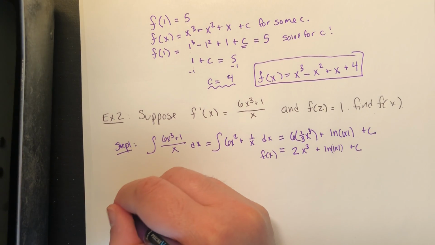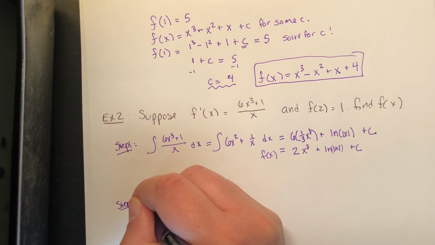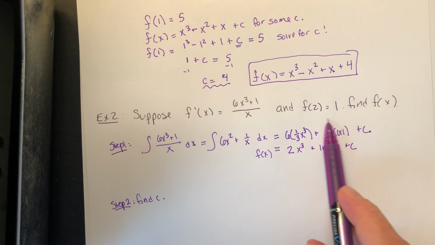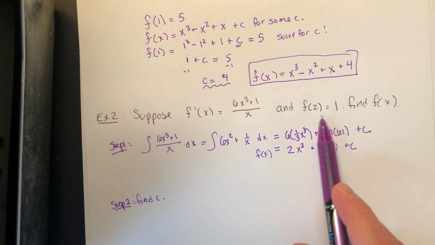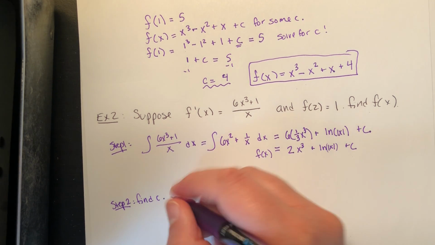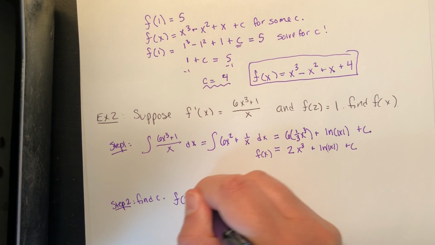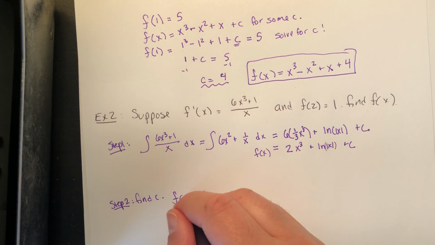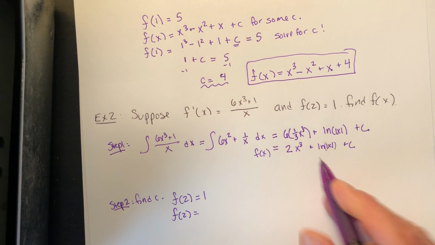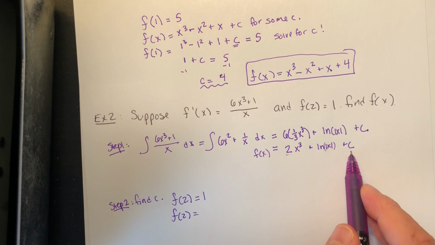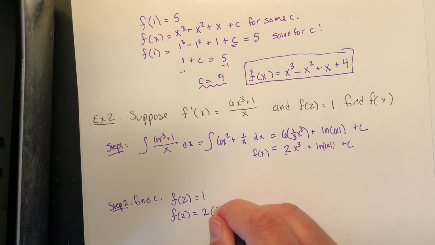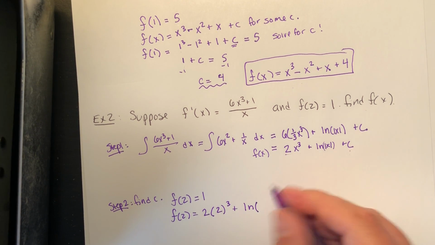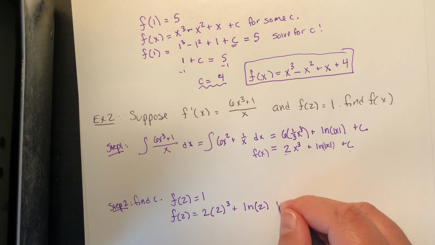Now step 2 is to actually find c using the fact that they told us up above that f of 2 for our function f is going to be equal to 1. Well, we also know that f of 2 is equal to this function right here evaluated at 2. So 2 times 2 cubed plus the natural log of the absolute value of 2, which is 2, plus c.